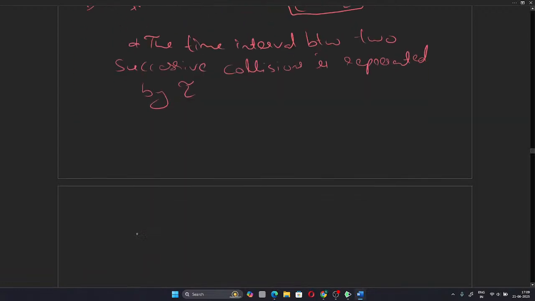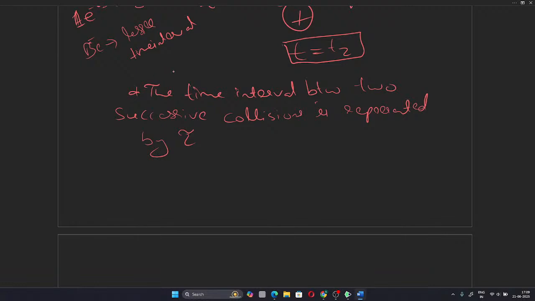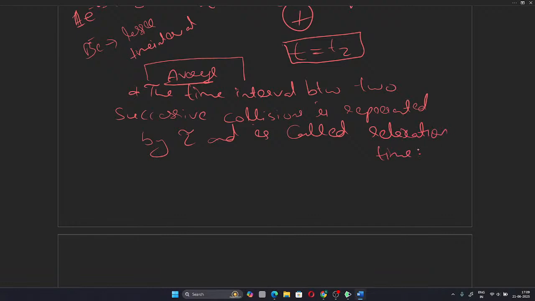In such a case, we take the average time interval between successive collisions, represented by tau, and it is called relaxation time. We represent it as tau.